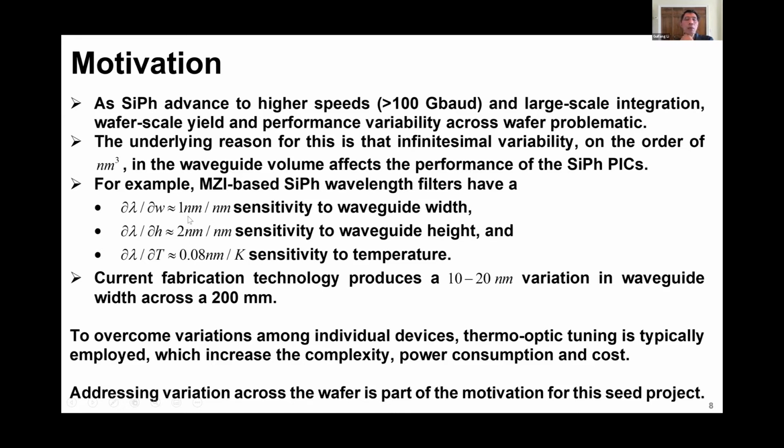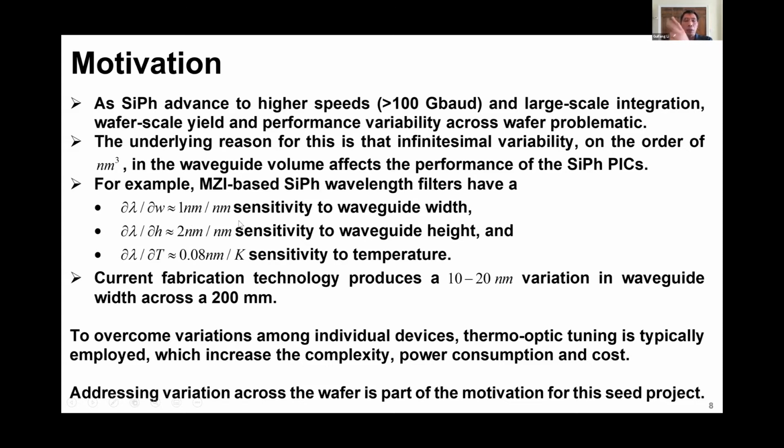It has a 1 nanometer per nanometer sensitivity to waveguide width in terms of the center wavelength of the filter. And it shifts 2 nanometers per nanometer of the height of the waveguide. And it shifts as a function of temperature as well. So it's very sensitive. Nanometers can bring your signal completely out of the filter.